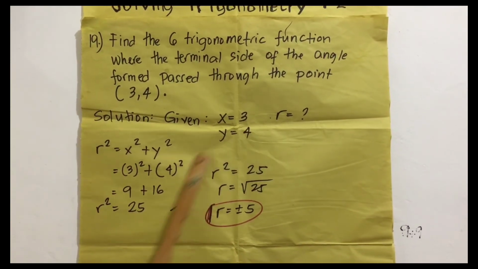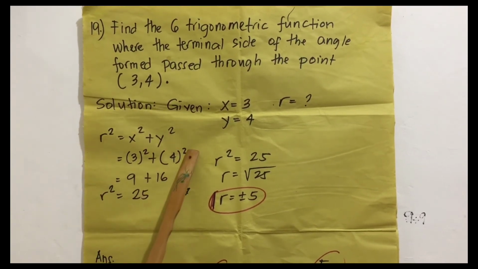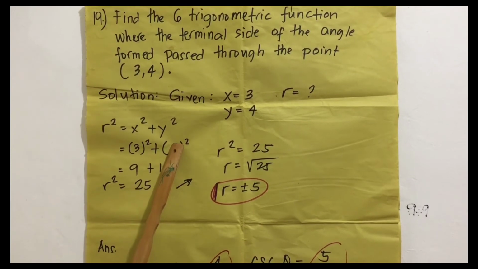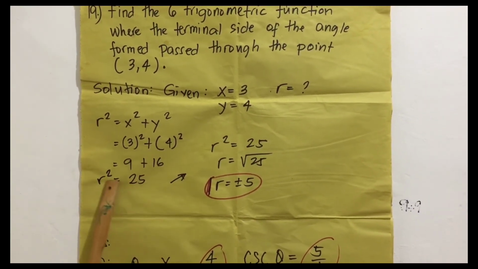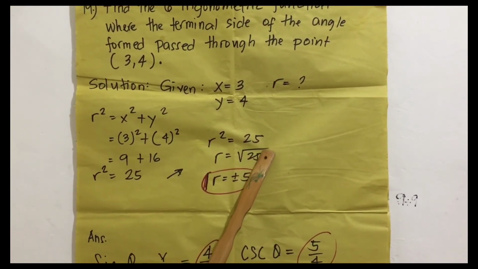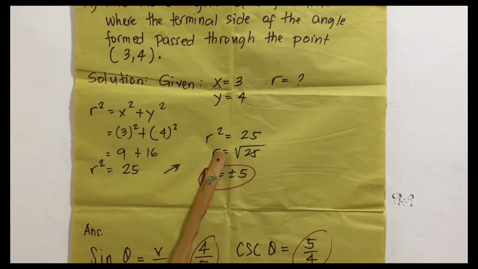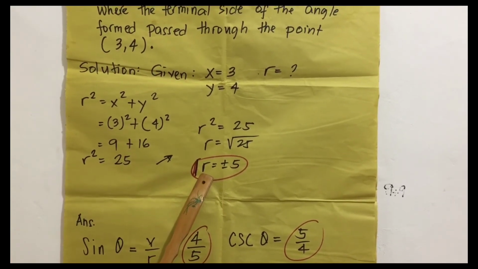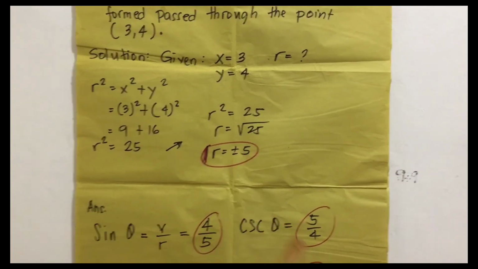The x is 3 squared plus the y is 4 squared. 3 times 3 equals 9, 4 times 4 equals 16, 9 plus 16 equals 25, so r squared equals 25. Then we find the square root of both sides, so we have r equals the square root of 25. Our r, the radius vector, is equal to positive or negative 5.